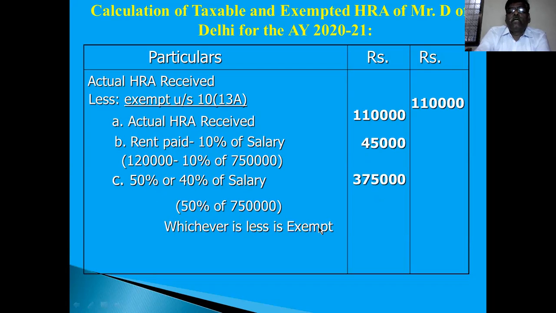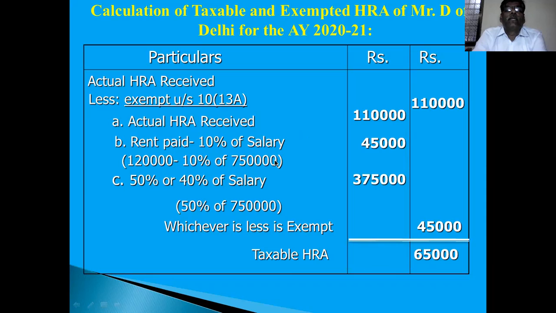Whichever is less is exempted. So least of the three is 45,000. 45,000 is exempted. Remaining balance is taxable. Taxable HRA is 1,10,000 minus 45,000, which is 65,000. In this way, you have to calculate taxable HRA and exempted HRA.